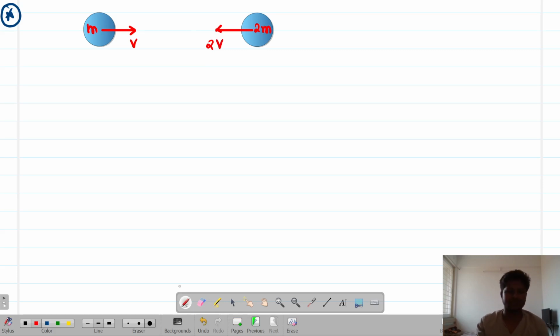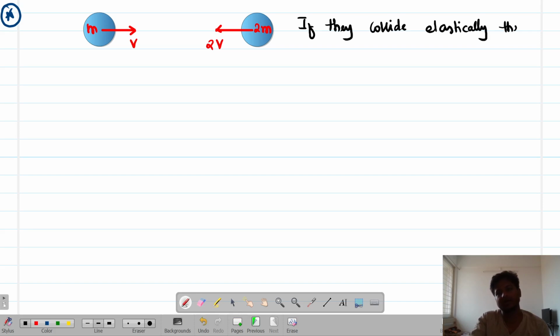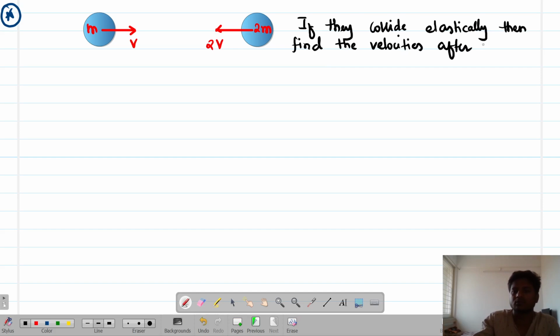The question is, if they collide elastically, then find the velocities after collision.